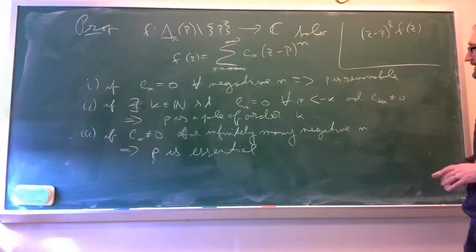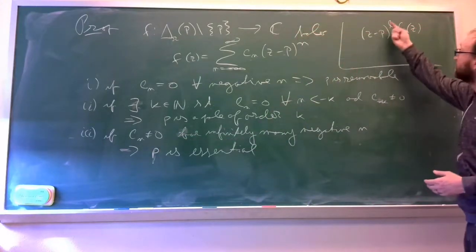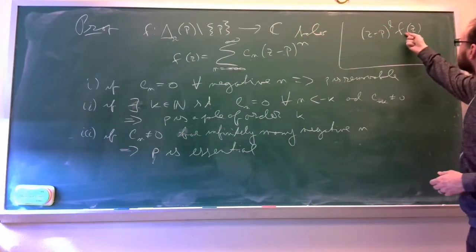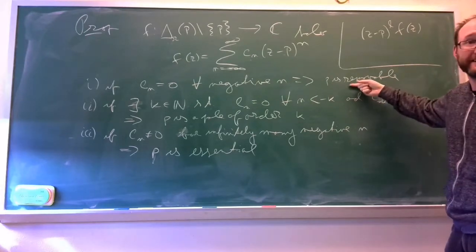Just show that such a function cannot be a pole, meaning that there is no such L such that this has a removable singularity, and you know what a removable singularity looks like, right?